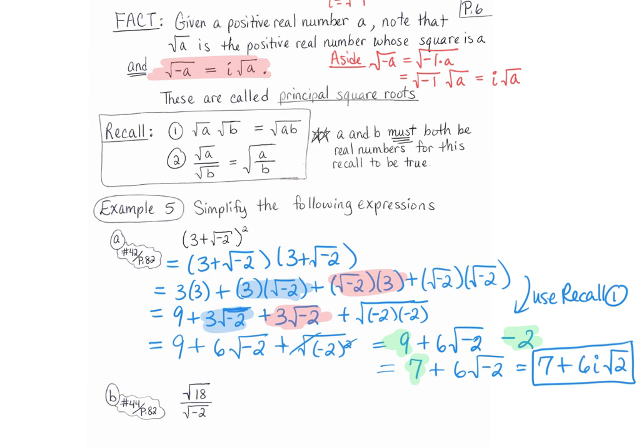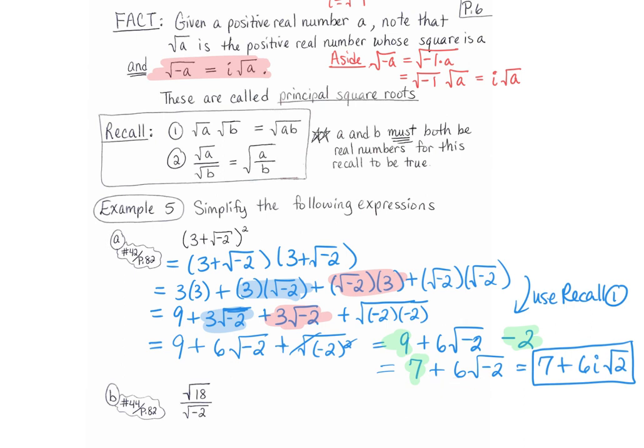Did you get the i from the -2? Like the negative. So taking this step, instead of writing 2, you get the square root of -1 times the square root of 2. So this becomes i square root of 2.